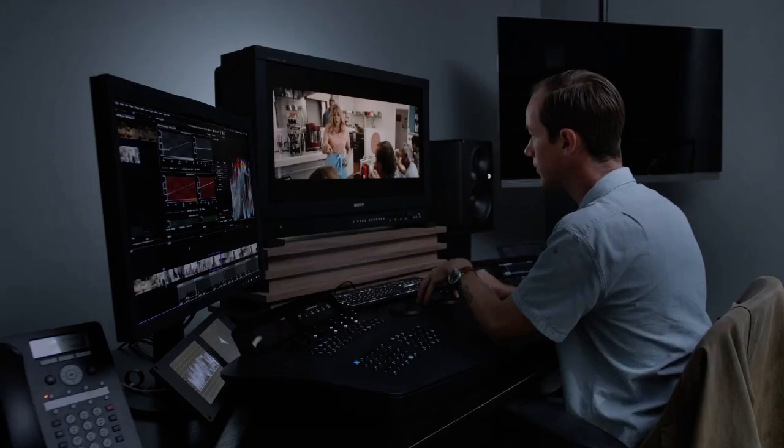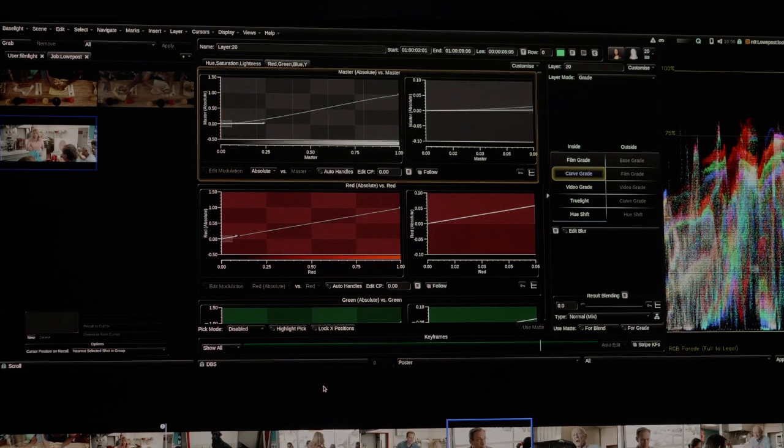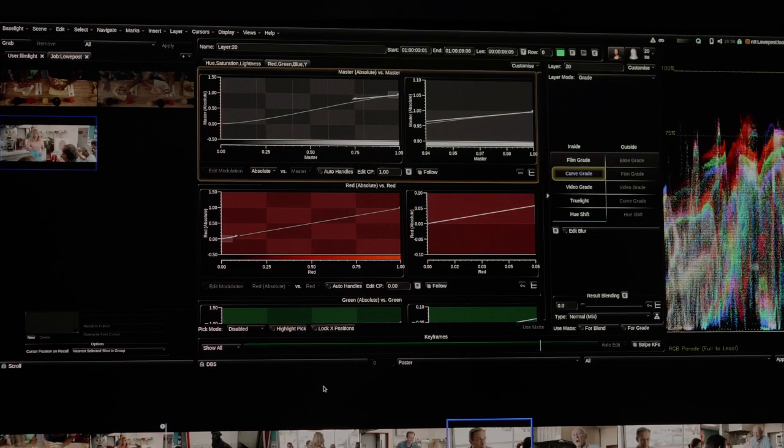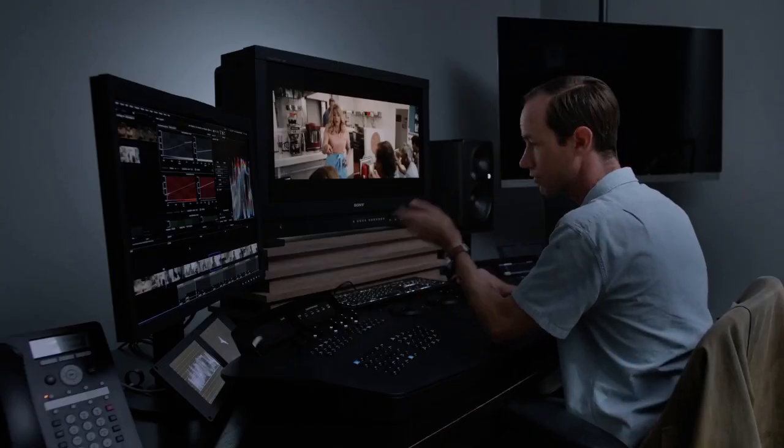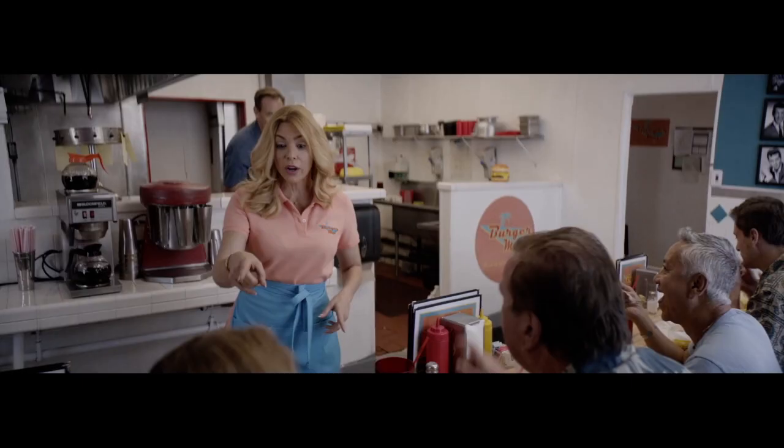So right out of the gate, I'm going to start to build some stronger contrast right here. Kodak film stocks and those references in general have fairly strong contrast.